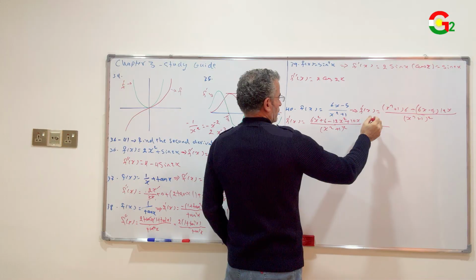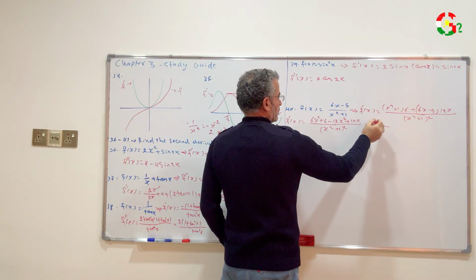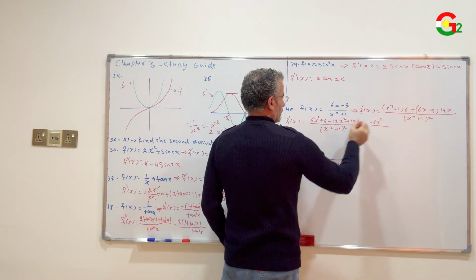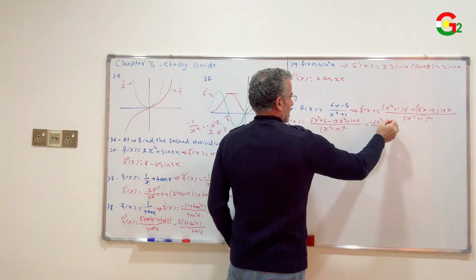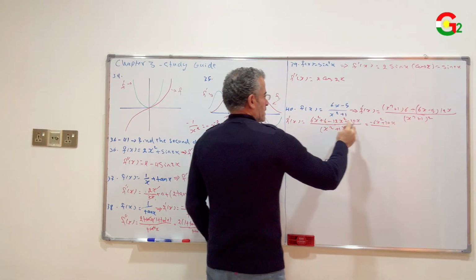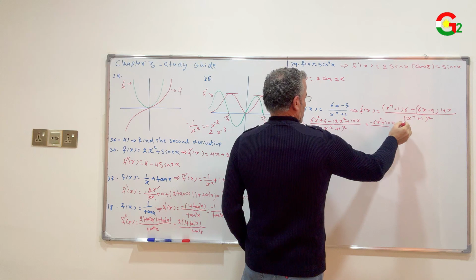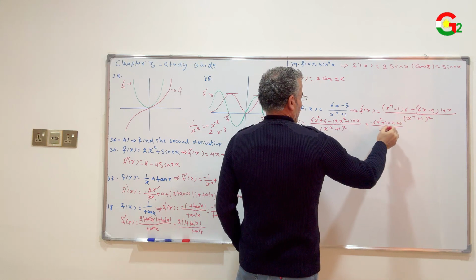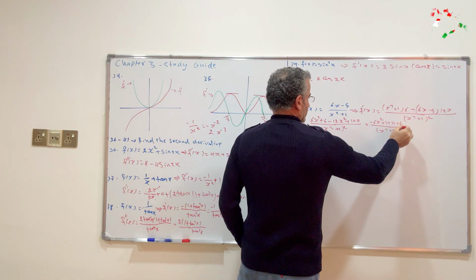6x power 2 minus 12x power 2, negative 6x power 2 plus 10x plus 6, over x power 2 plus 1 squared.